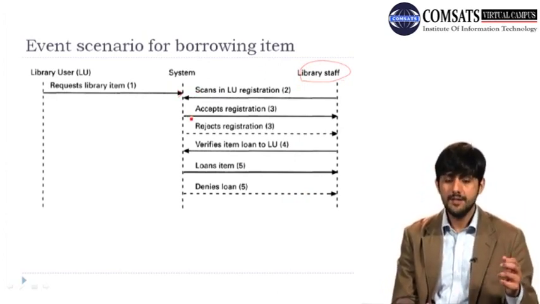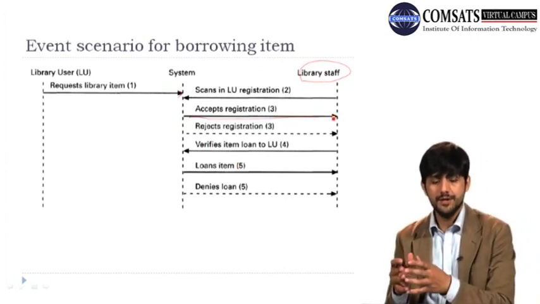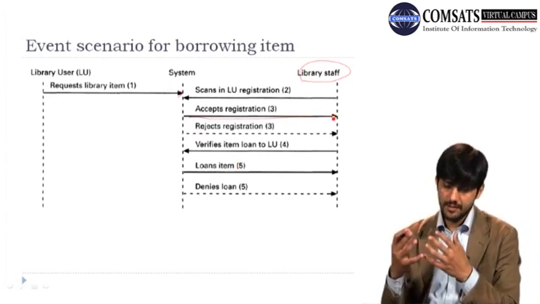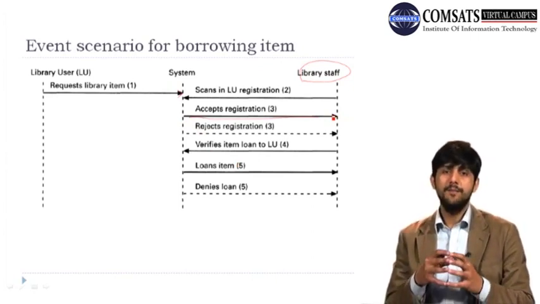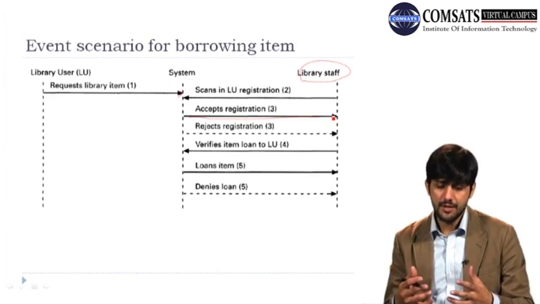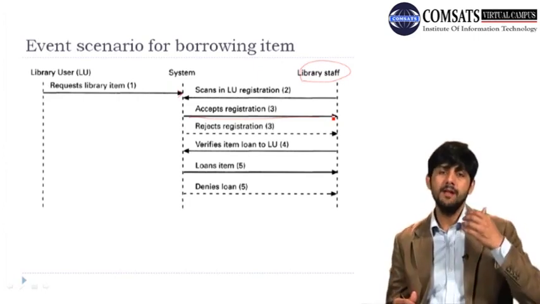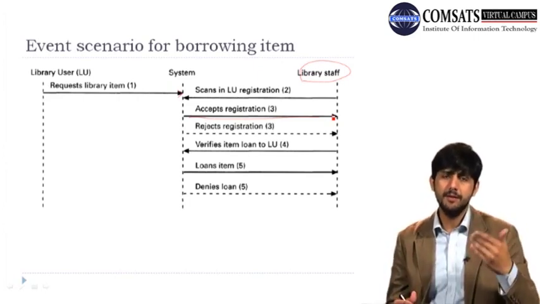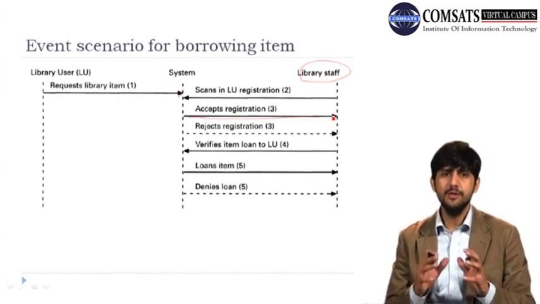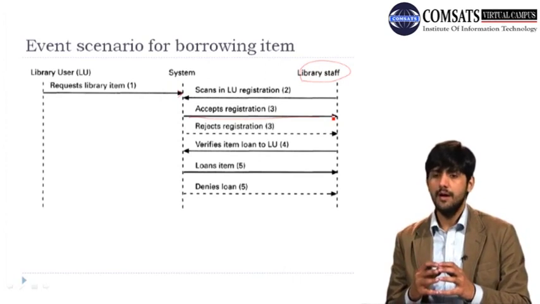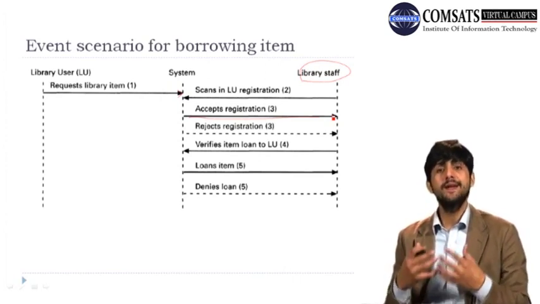If he is not registered, then he is going to request registration, and then if the registration is accepted, the library user is actually going to verify whether this particular item can be loaned to this user or not. So we can also model those events, how different objects are going to interact with each other.